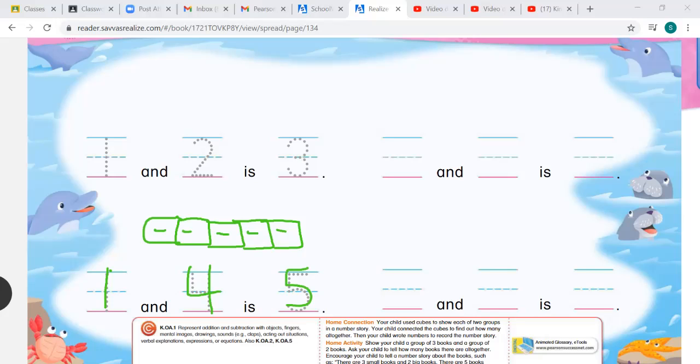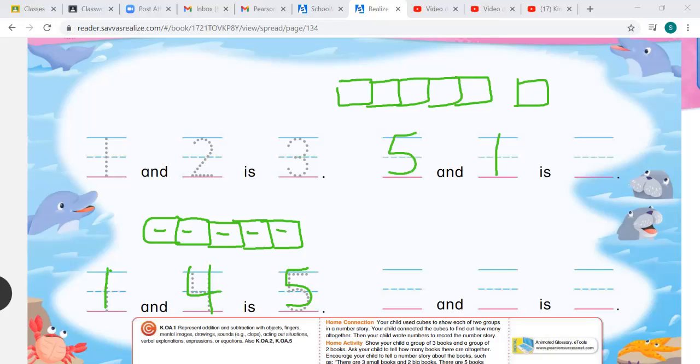Okay, let's look up here. Let's say we have 5 boats on the lake. So let's put 5 cubes here. And let's write the number 5. Then we have 1 more boat that comes out onto the lake. How many boats altogether?